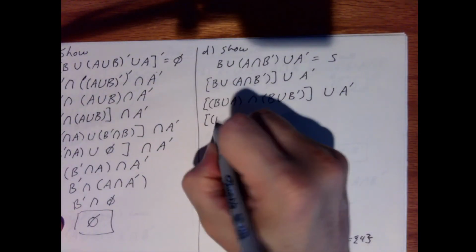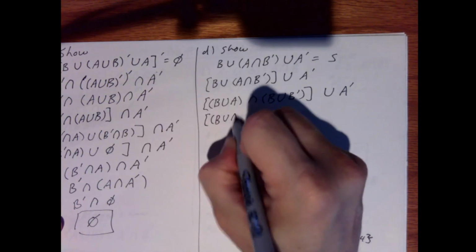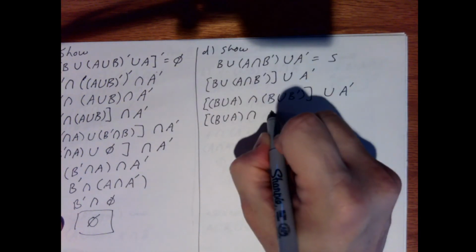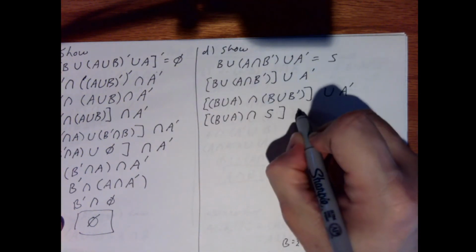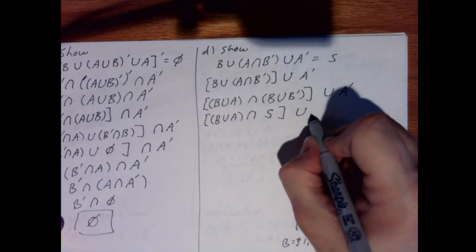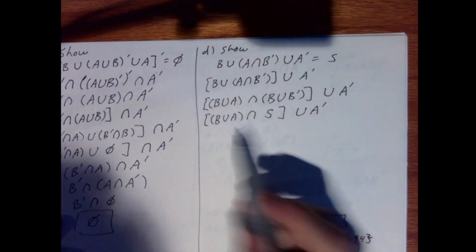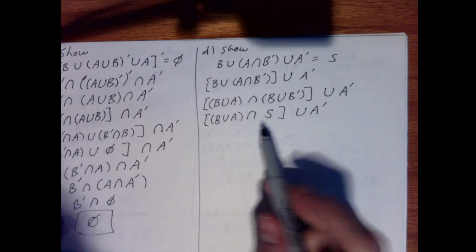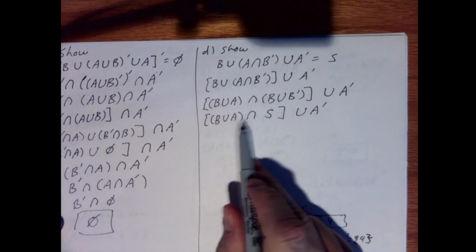So this becomes, once again, B union with A, intersected with S, and then union of that with the complement of A. Now we have this right here, I'm going to use the distributive property.